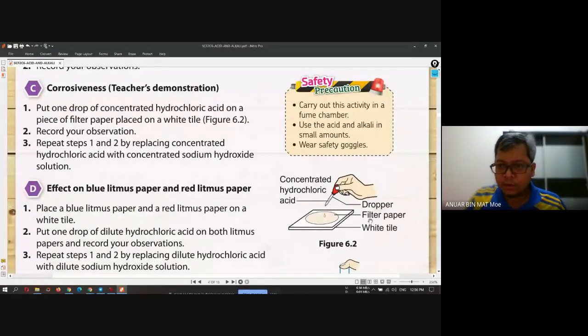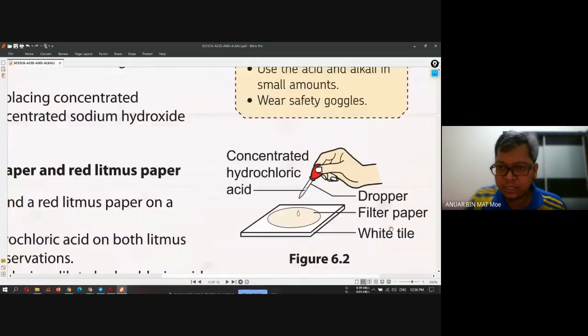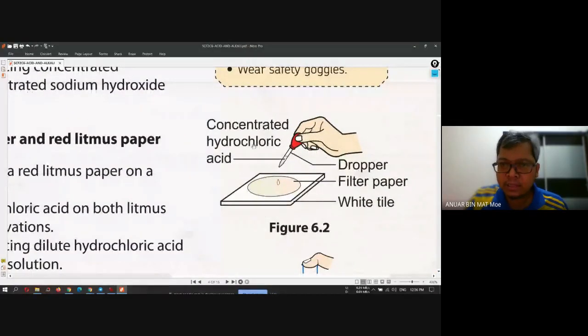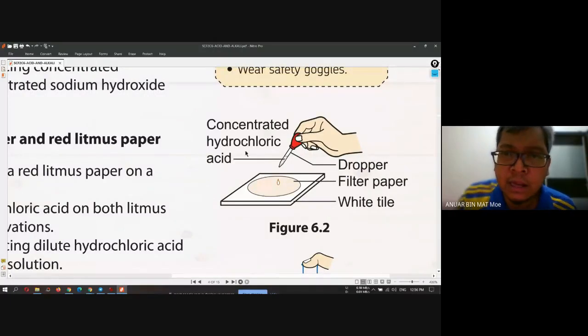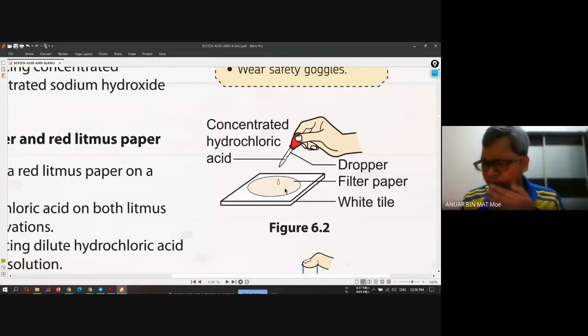Here we have the picture. When I put a drop of concentrated hydrochloric acid on a piece of filter paper, after maybe about 1 minute, the paper will form a hole. It is very, very corrosive. Later on, when you come to the school, I will try to get concentrated hydrochloric acid to show you how corrosive the acid is.